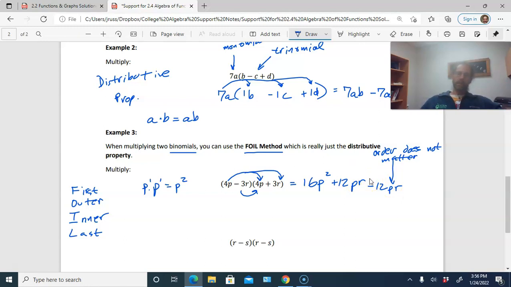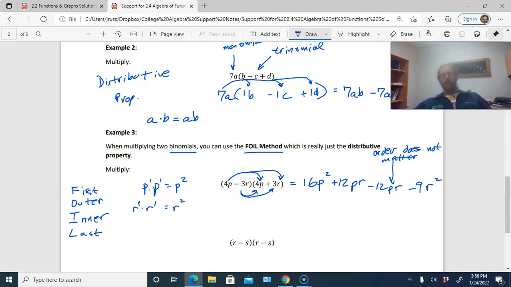And then finally, I'll distribute the negative 3r to the positive 3r. Well, a negative 3 times a positive 3 is going to give you a negative 9. Let me change that to a negative. And then the r times the r, remember they each have understood exponents of 1. So when you add them, you're going to get r squared.